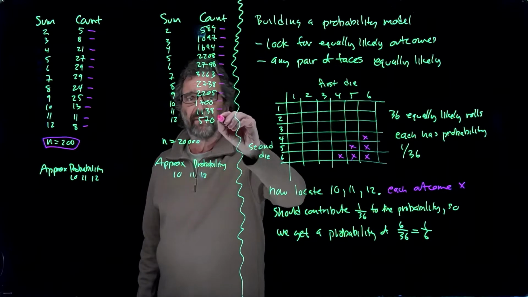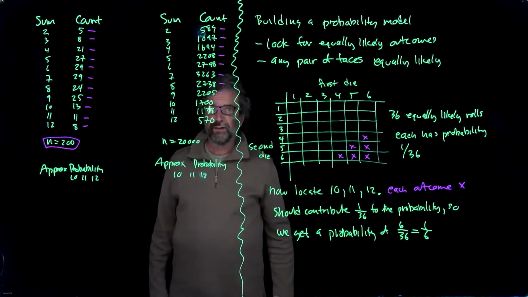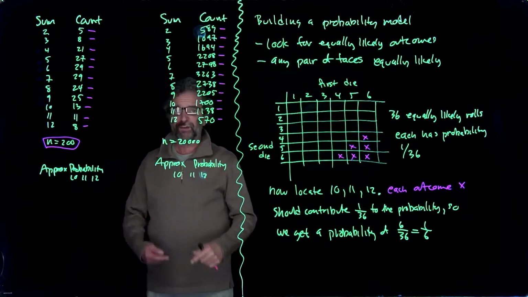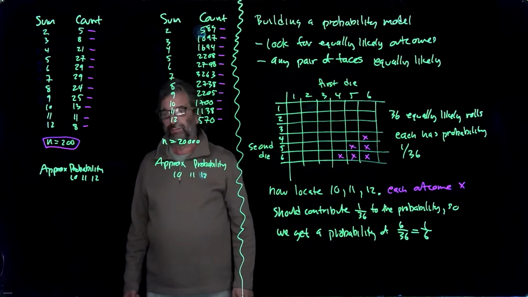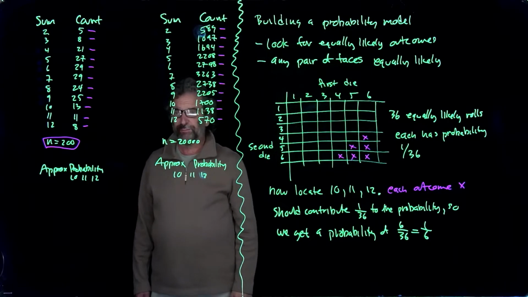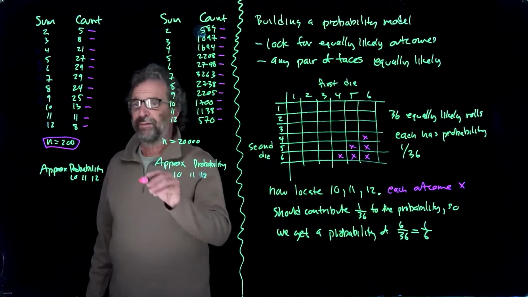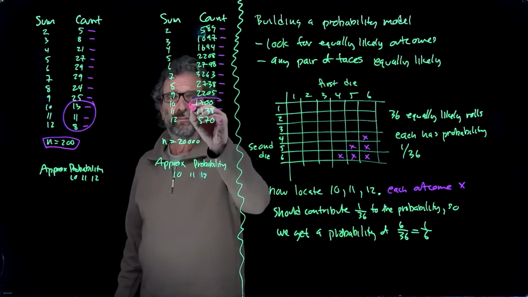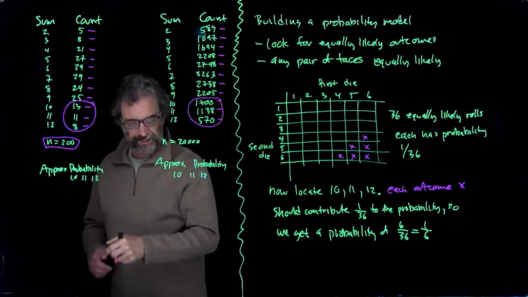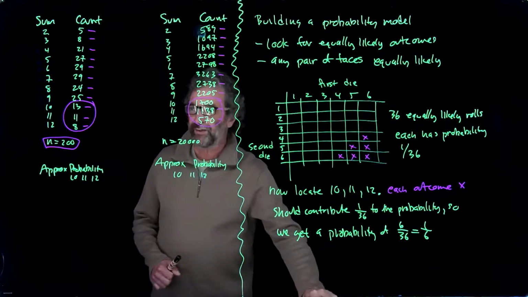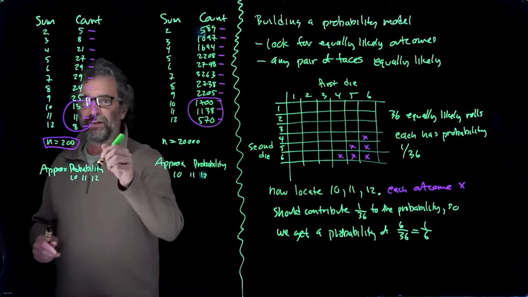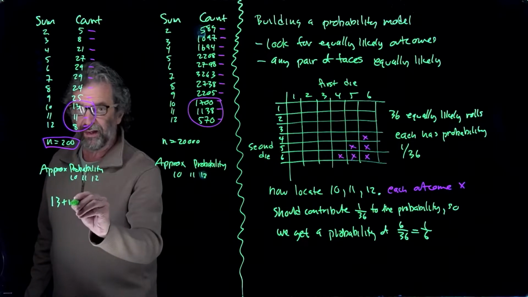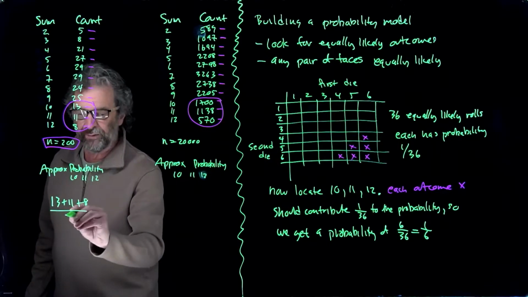Ordinarily, if you can get something like 3,000 in a category, then when you divide by the total, you get a pretty good answer, but we'll just see how this works out. We're at about 10, 11, 12, so that would be these kinds of outcomes. And so to get the approximate probability of 10, 11, 12 just using 200 rolls, you would go 13 plus 11 plus 8 over 200, like that.